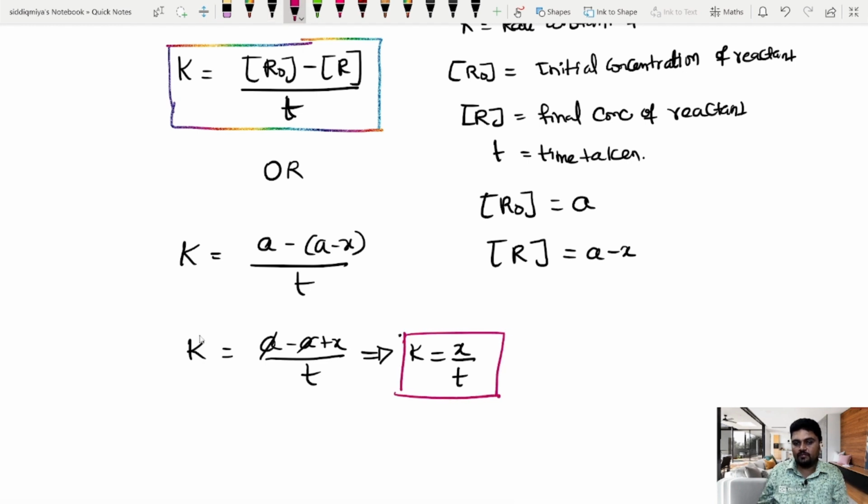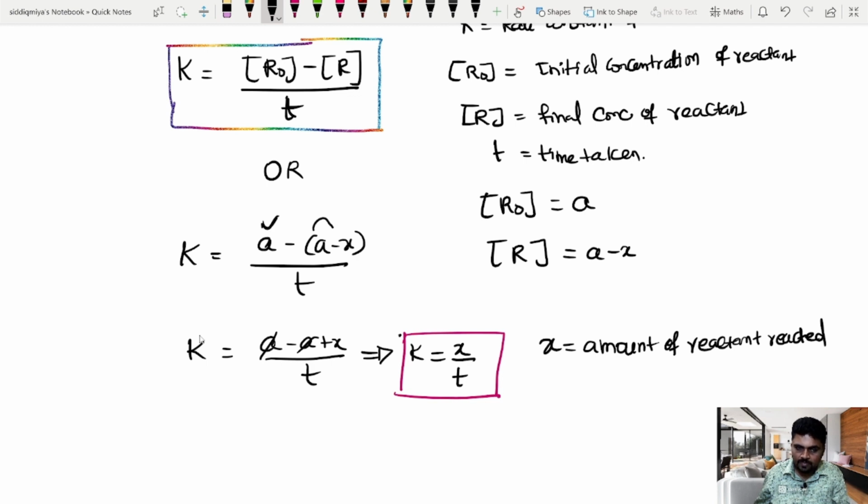Here a is the initial concentration and a minus x is the final concentration, so the difference is the amount of reactant reacted. That reacted reactant is converted into product, so x is also the concentration of product.